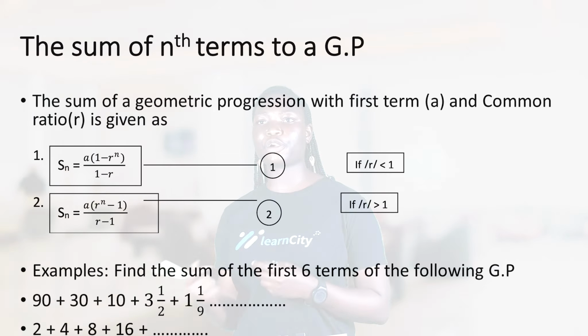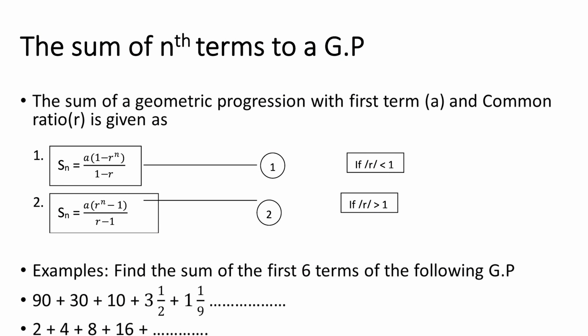The sum of a geometric progression with first term a and common ratio r is given by two formulas: one for when the common ratio is less than 1 and one for when it is greater than 1.